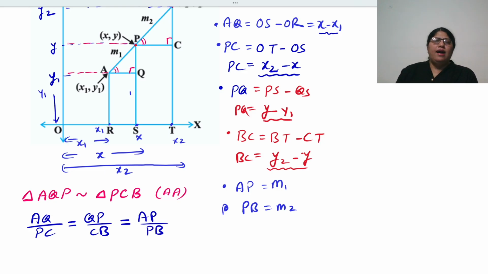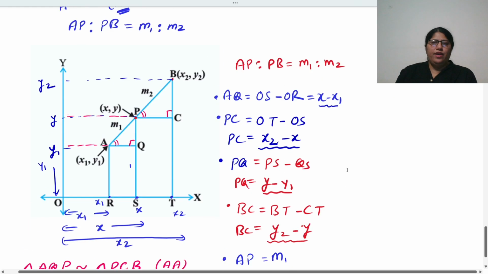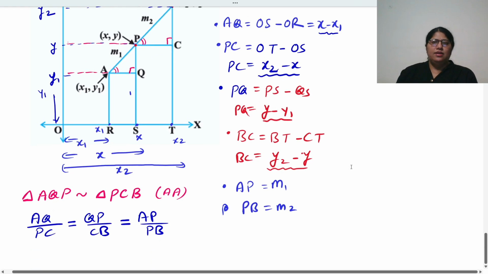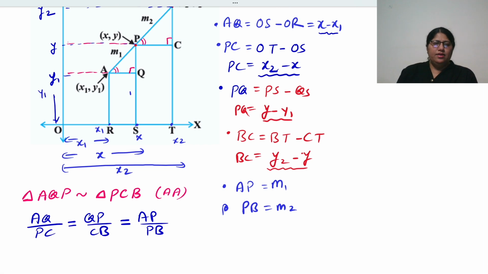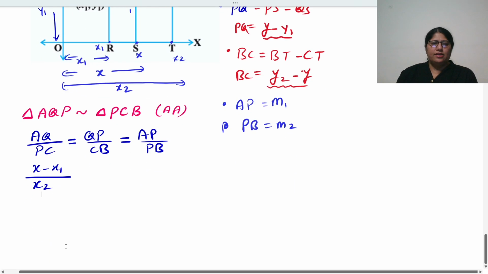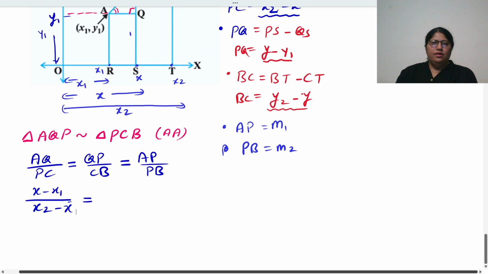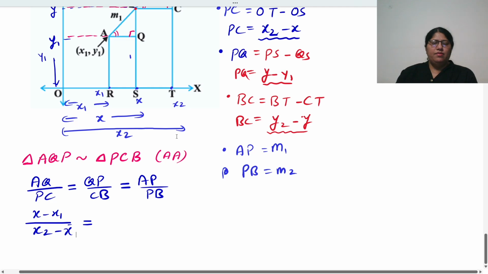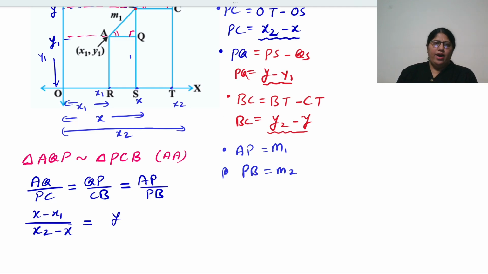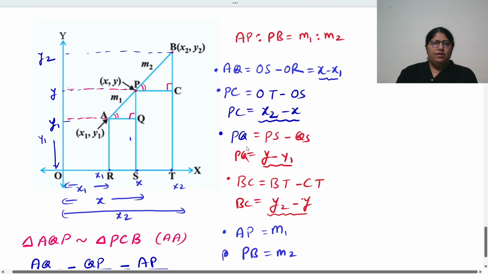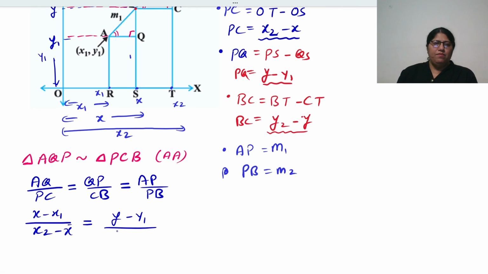Now you already have all these lengths. What is the length of AQ? x minus x1. So I can write x minus x1 by PC length, which we have already calculated as x2 minus x, equals QP, which is nothing but PQ length, y minus y1, by the length of CB, or BC, it is the same because it's a length.